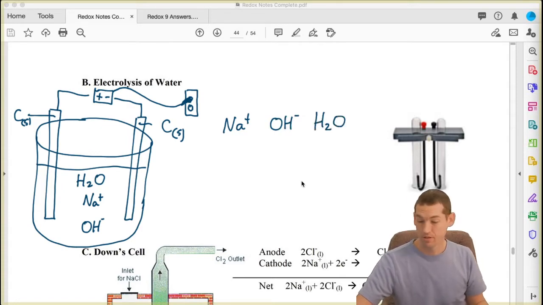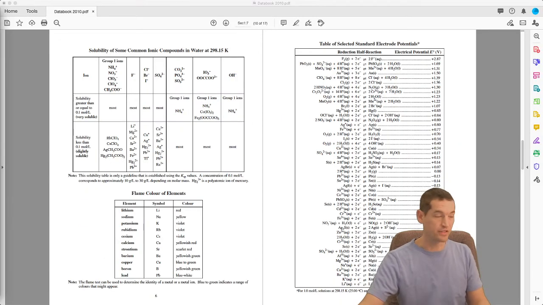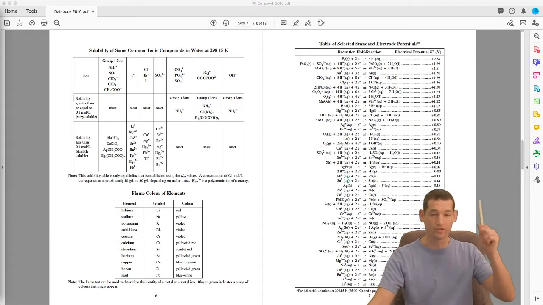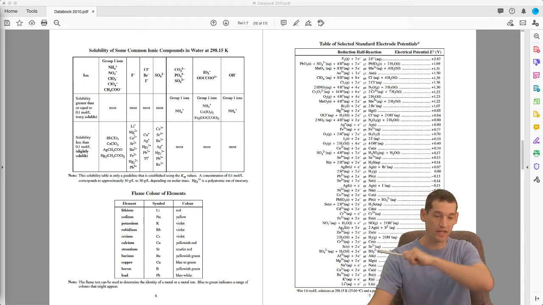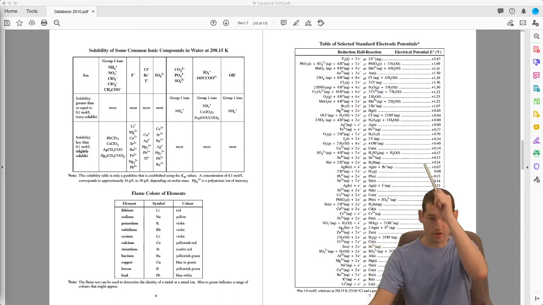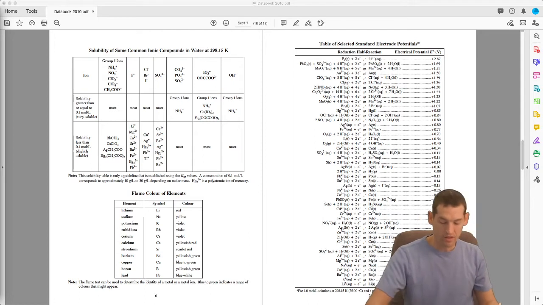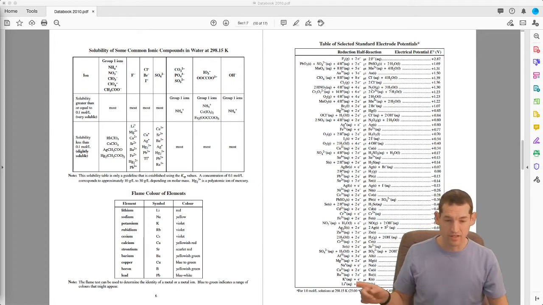And that's it. So if we go to our data booklet, remember that water's on both sides. So it's on this side as an RA and right over here as an OA, and an RA up above there. Na positive is right here. It's a really weak OA, even weaker than water.